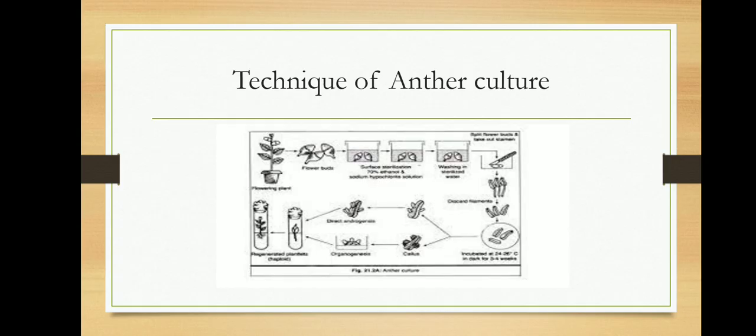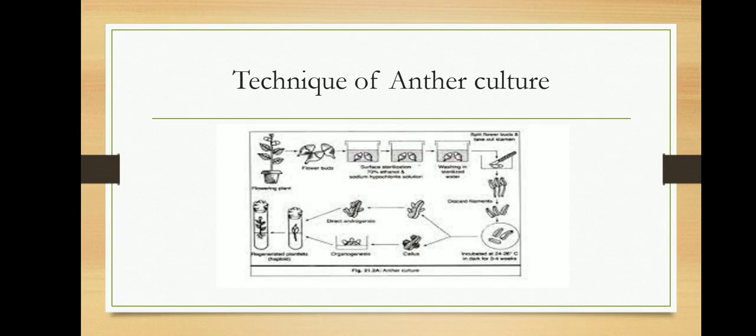After 3 to 8 weeks, they burst open, exposing the multicellular tissues. In some species, these tissues gradually organize into globular embryos, and these globular embryos grow into a single haploid plantlet. By this method, we can get only a single haploid plant from one pollen grain or from one anther. Examples of this type of method you can see in Atropa belladonna, Datura and Nicotiana plants.